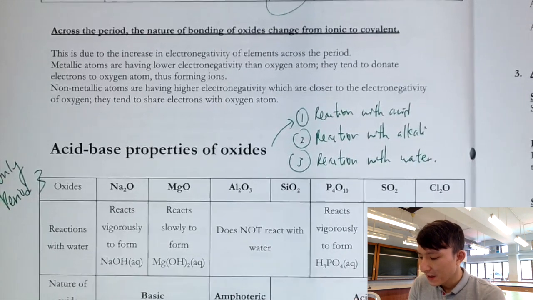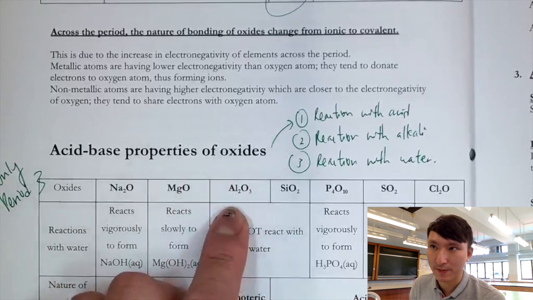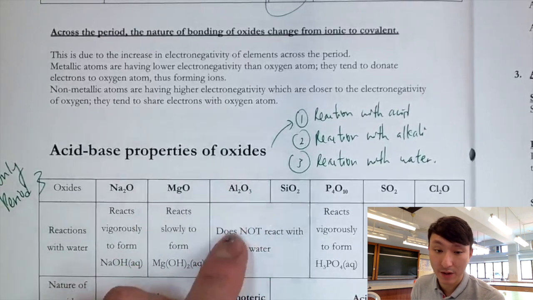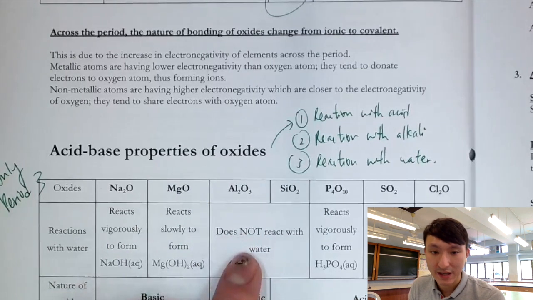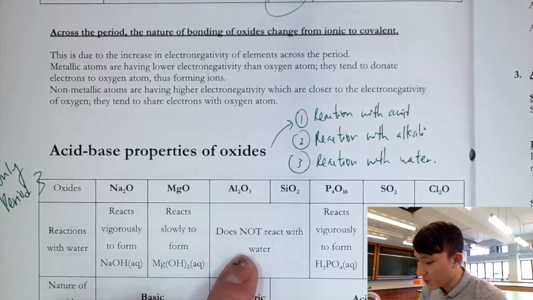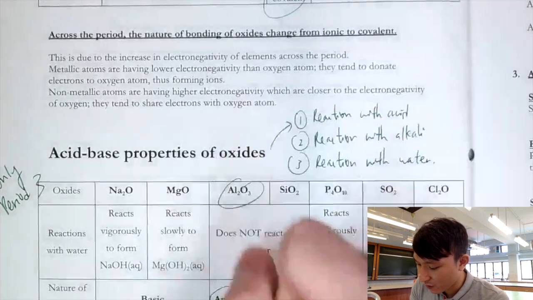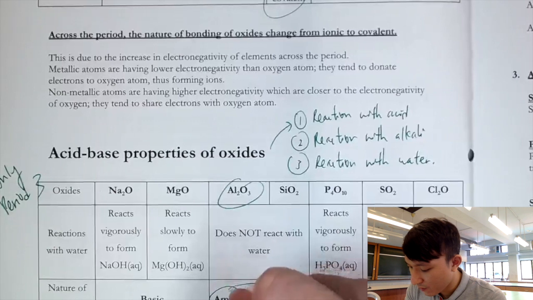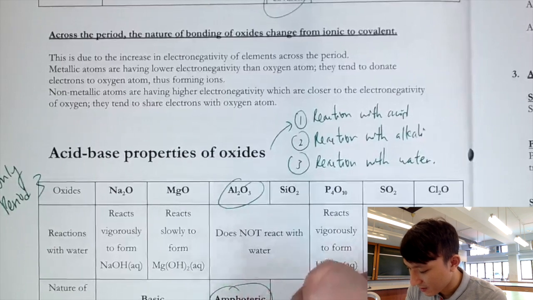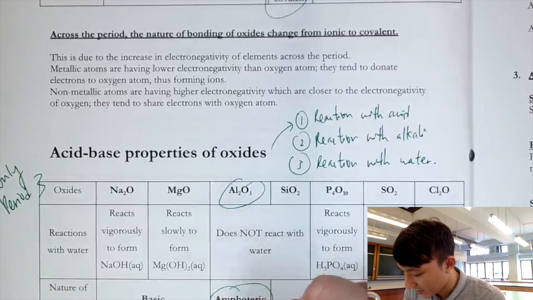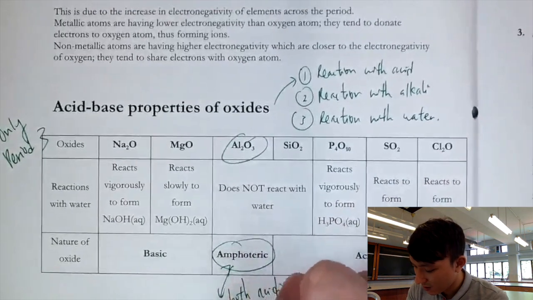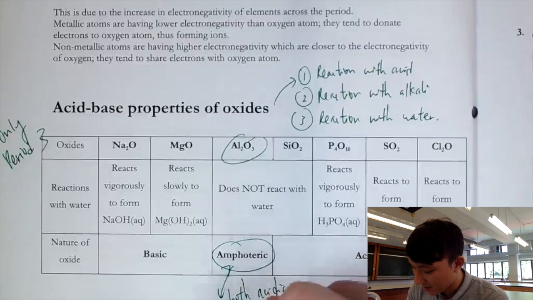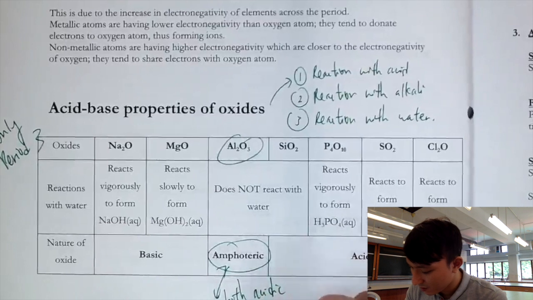Now let's look at aluminium oxide. It's a special case. Aluminium oxide does not react with water. But it can react with acid, and it can also react with a base. That's why we call it amphoteric. Amphoteric means both acidic and basic, but bear in mind it does not necessarily dissolve in water.